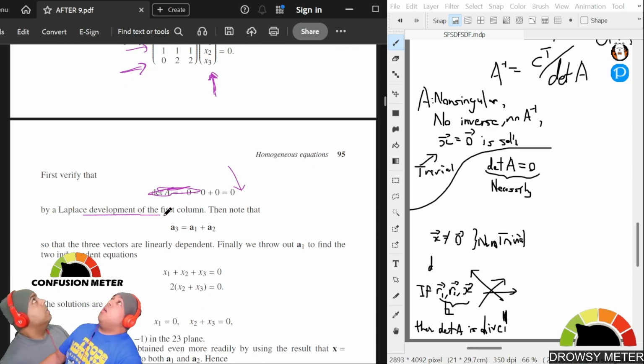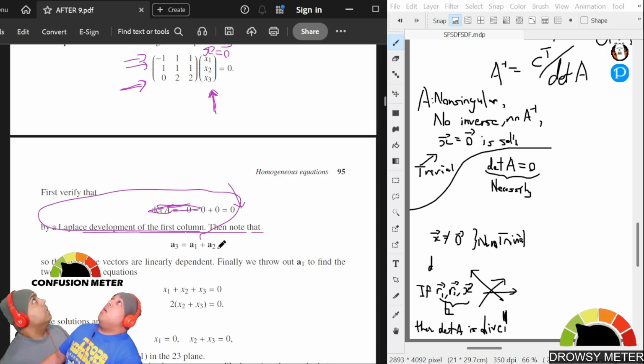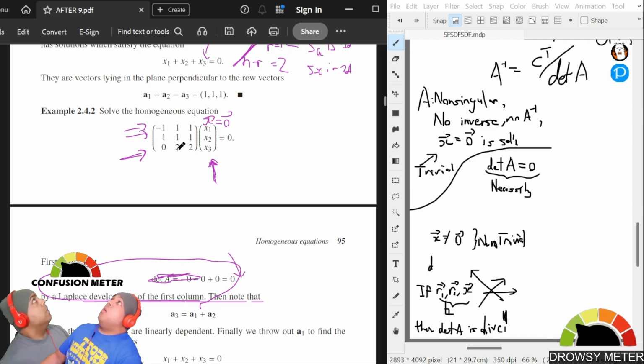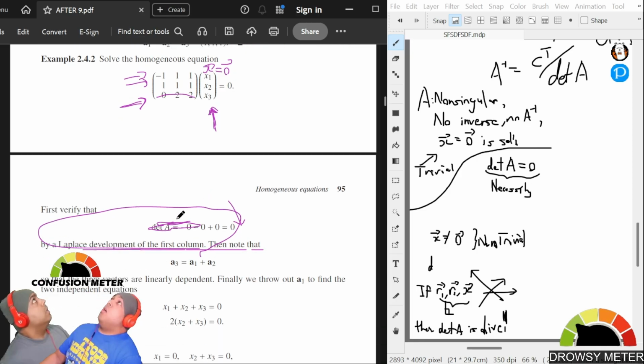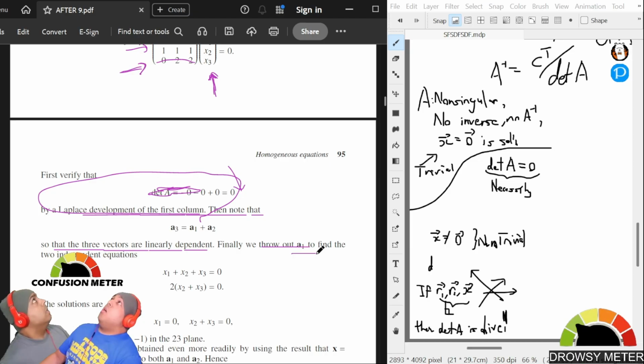By Laplace development of the first column. No, this. Okay. A3 equals A1 plus A2. This equals this plus this. So yeah, the three vectors are linearly dependent. Finally, we throw out A1.